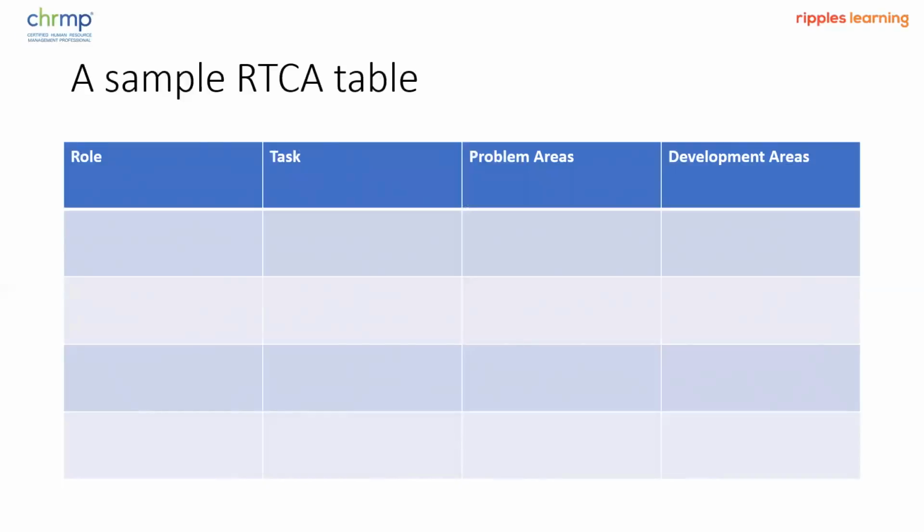So this is just to give you an example of what a sample RTC table could look like. You just write down the role of the person, the task of the person, the problem areas, and the development areas. So for example, let us say the role is client manager. Task is client communication. Problem areas are, let us say, email writing and phone conferences.